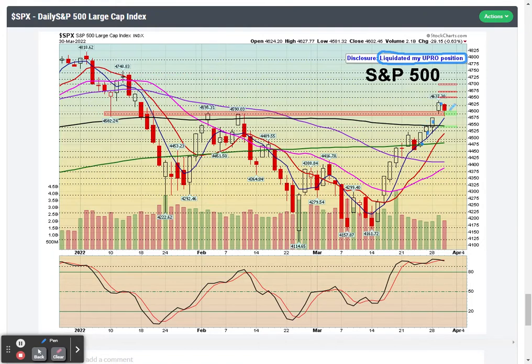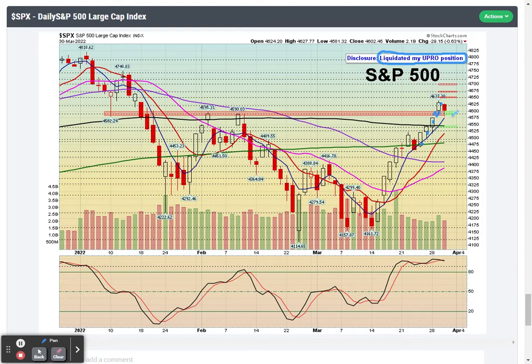Coming back to the daily chart, I think today's price action was neutral. It was not a reversal, not bearish. What was resistance before acted as support for the second day in a row. It closed above that pivot point, 4,600. So I see no reason to be bearish or to go short.